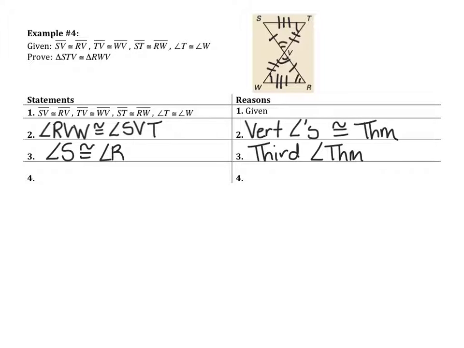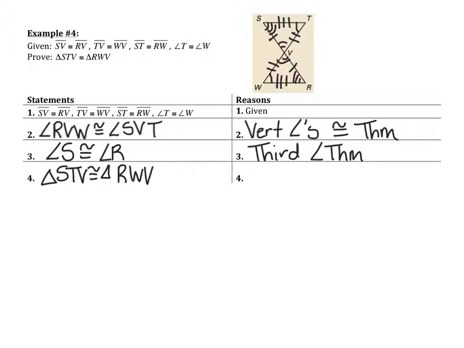I know that angle R is congruent to angle S, and now I have shown that all three sides and all three angles are congruent in each triangle, so I can end my proof with the proof statement. Triangle STV is congruent to triangle RWV, and our reason would be that we know that congruent polygons have all corresponding sides congruent and all corresponding angles congruent, which we have shown.